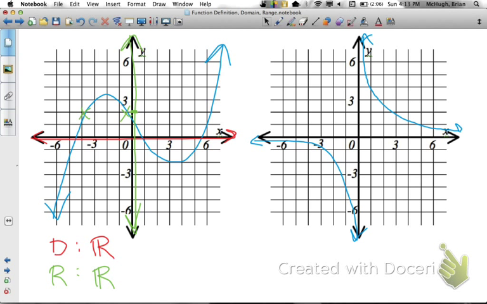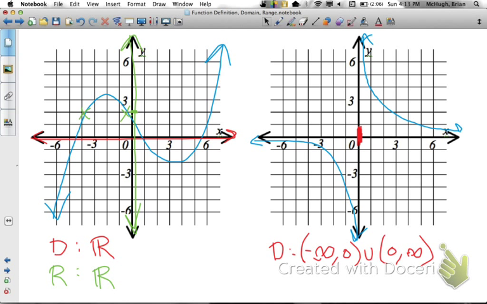And when we analyze that for domain and range, we see that there is no point where the x value is 0. So it's everything but 0, which we know how to write in interval notation like this. This shows us all the x values from negative infinity to infinity, but not 0.